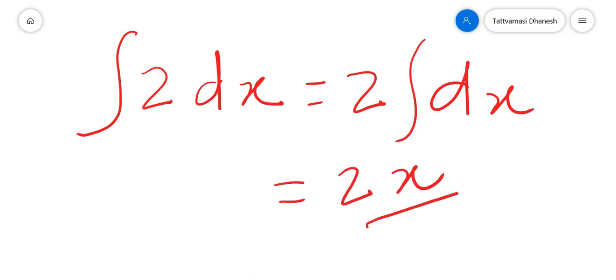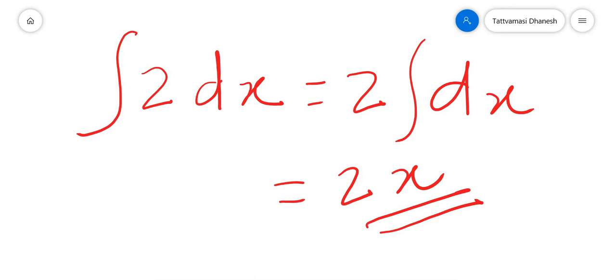So the integral of 2 dx is 2x. The derivative of a constant is 0, we already discussed. So that is another simple formula for a constant. The integral of 5 dx is 5x. The integral of 6 dx is 6x. Like that.